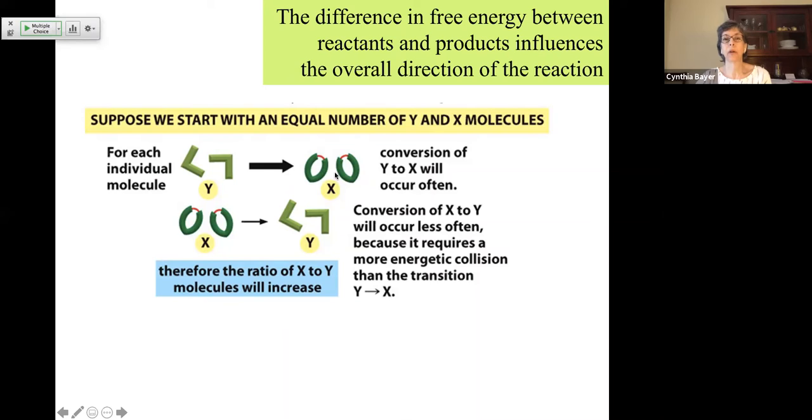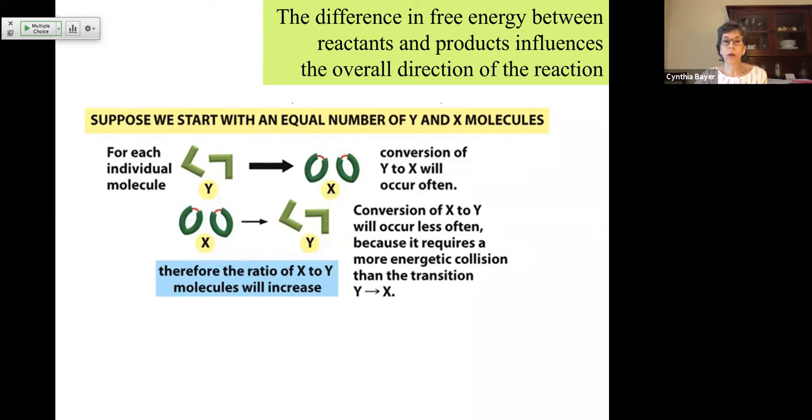That's going to occur most often. But every once in a while, X will be converted to Y, right? Because these chemical reactions can occur in either direction. But the favored direction is from high free energy molecule Y, which in our case would be glycogen, to lower free energy molecule X, which in our case would be glucose.